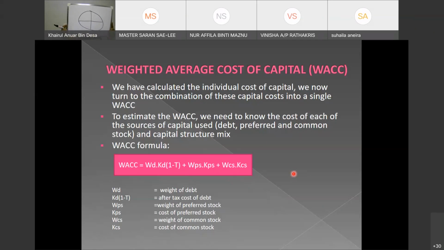Here, what is the percentage of the capital mix, or capital structure mix? Here is 25%, 25%, 25%. To make it easy to draw, I drew it like this, meaning equal percentages. Debt 25%, preferred share 25%, retained earning and common share 25% each.